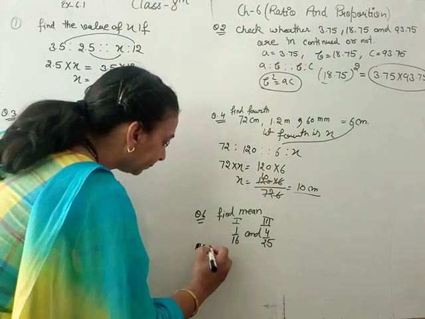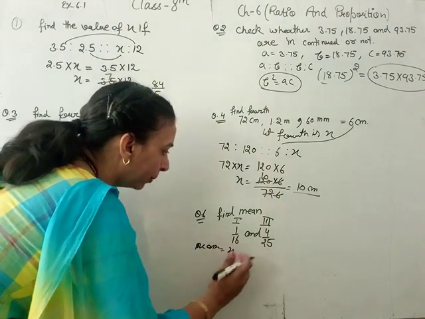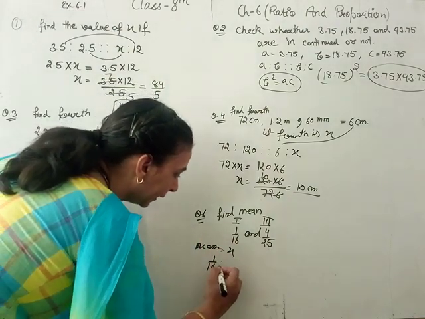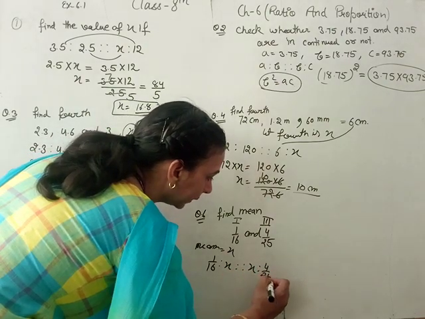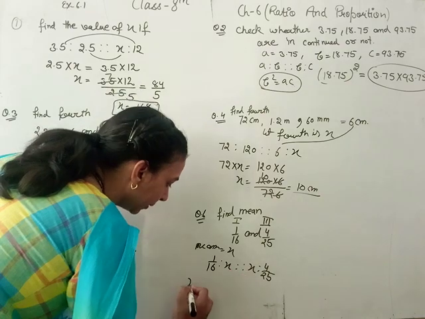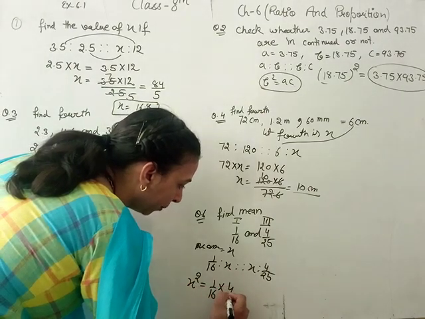Let the mean proportional be x, then we know that in continued proportion, first ratio second and second ratio third, then the square of the mean equals 1 by 16 multiplied by 4 by 25.